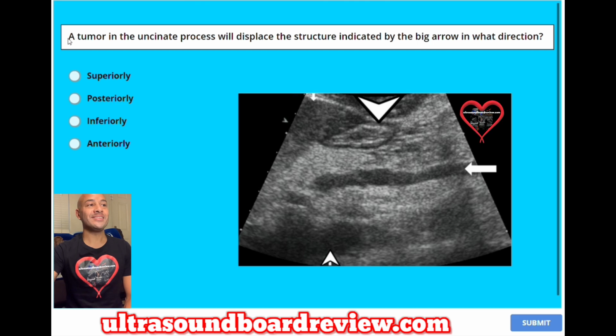Question 148. A tumor in the uncinate process will displace the structure indicated by the big arrow in what direction? A, superiorly, B, posteriorly, C, inferiorly, or D, anteriorly?